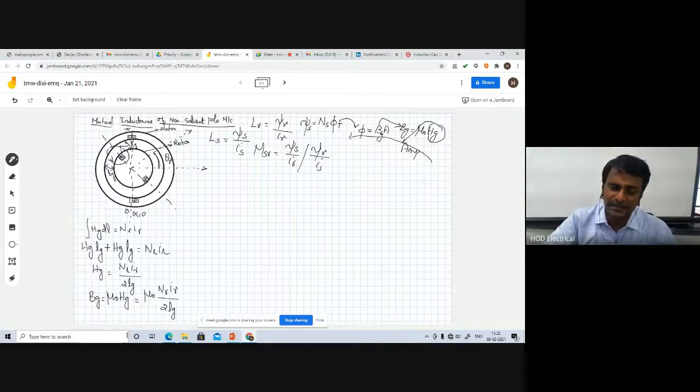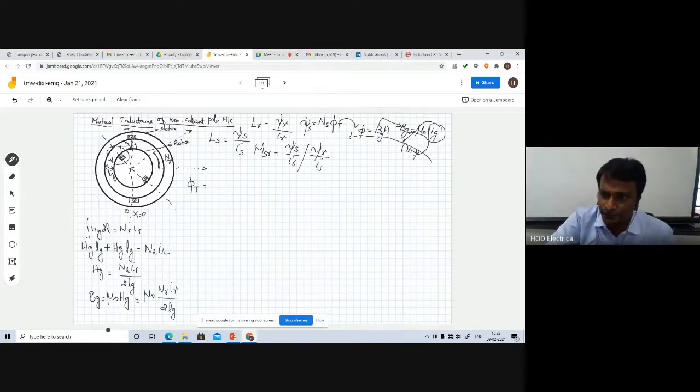This is the flux density in the magnetic field due to exciting the rotor. We have completed Ampere's circuit law, then found the flux density, and then we have to find the flux.